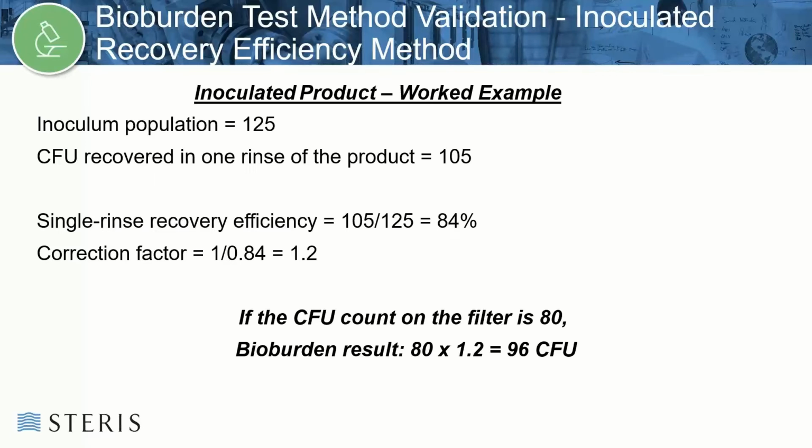And the calculated correction factor is 1 divided by 0.84, which is a correction factor of 1.2. Therefore, if we have a CFU count on a filter in the routine bioburden test of 80 CFU, then we would apply that correction factor of 1.2 to the 80 CFU for a calculated bioburden estimate of 96 CFU.